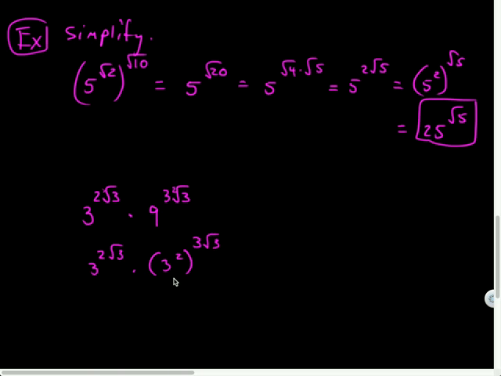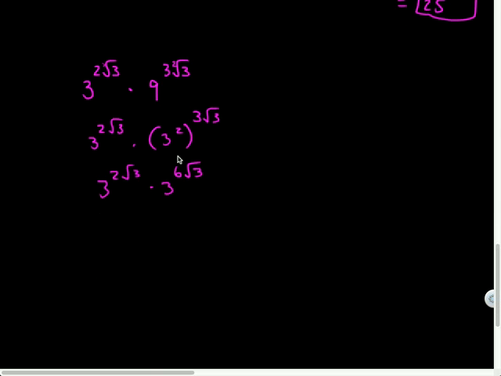Now I've got the power to a power property, so I can multiply those. 2 times 3 square roots of 3 is what? 6 square roots of 3. And now I'm multiplying two things of the same base, so I would add the exponents. 2 square roots of 3 plus 6 square roots of 3.